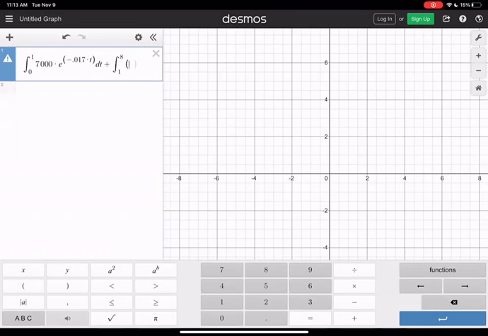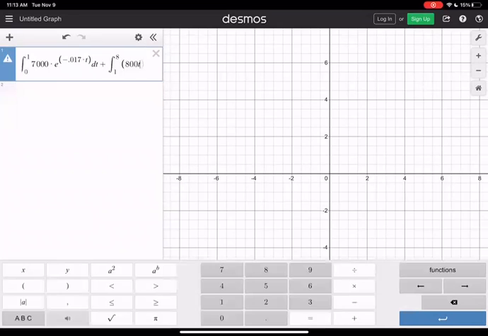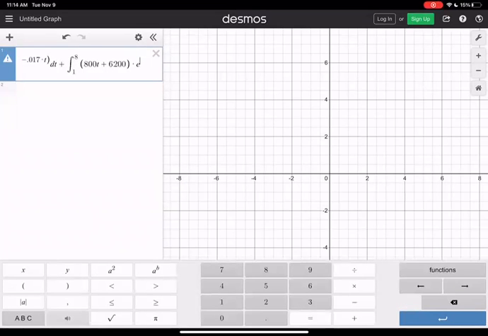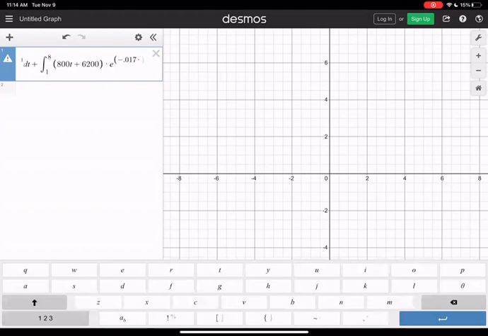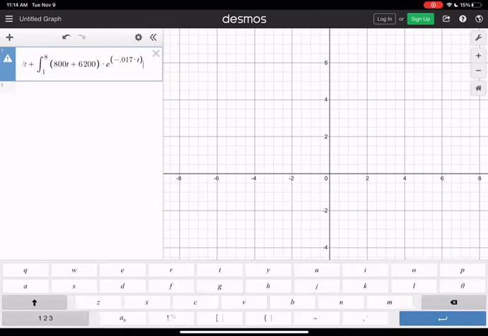I'm going to use a lot of parentheses here: 800t plus 6200, times e to the power of, again lots of parentheses, negative 0.017 times t. Okay, so now I need to end my parentheses here and finish up with my dt. All right, so here we are getting 70,165.916.